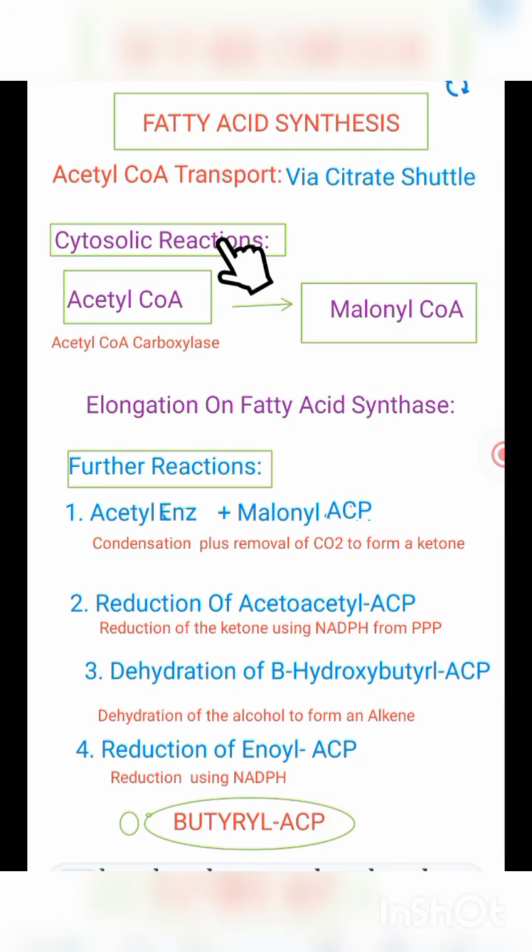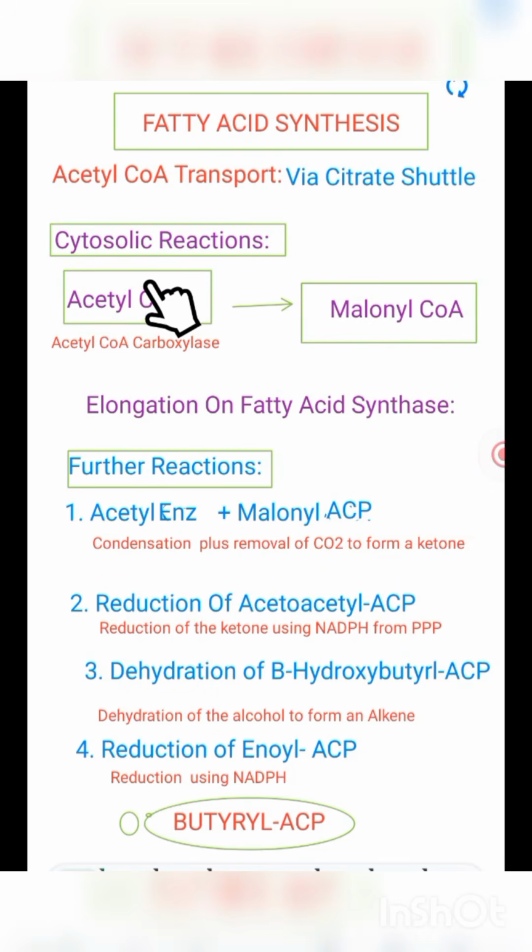Now, what exactly is going to happen in the cytosol? In the cytosol, we are going to use a 2-carbon molecule, which is acetyl-CoA, to build a 16-carbon molecule, which is palmitic acid. And so you're going to require a series of reactions to actually convert a 2-carbon molecule into a 16-carbon molecule.